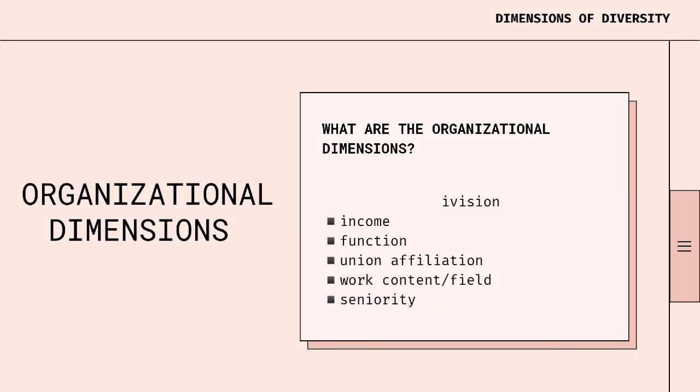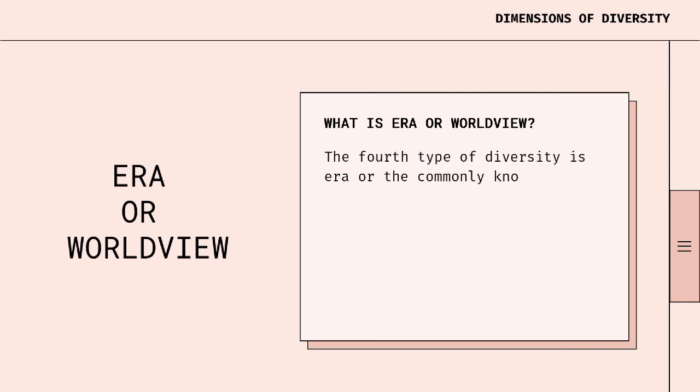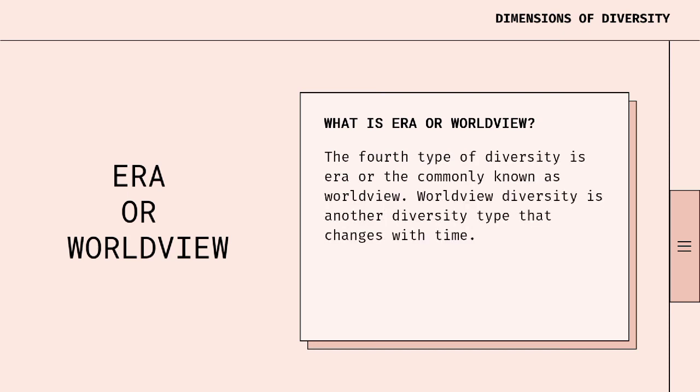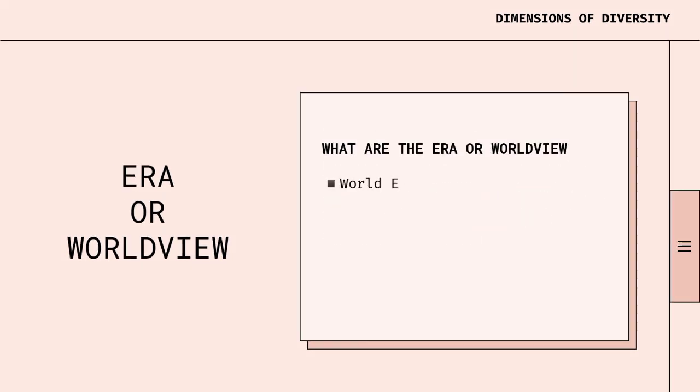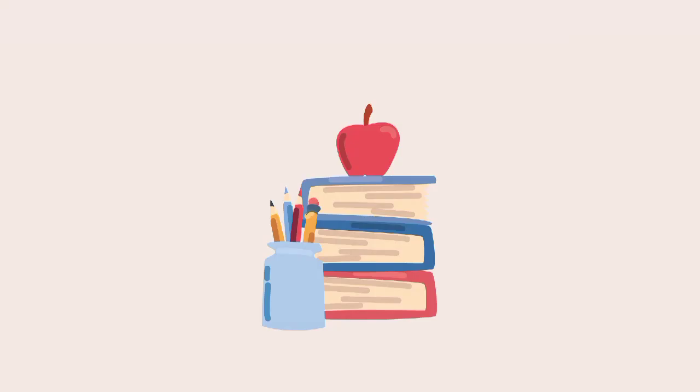The fourth type of diversity is the era, commonly known as worldview. Worldview diversity is another type of diversity that changes with time. We conceptualize the world differently as we have new experiences and learn about ourselves and each other. This dimension has something to do with world, historical, cultural, and political events.